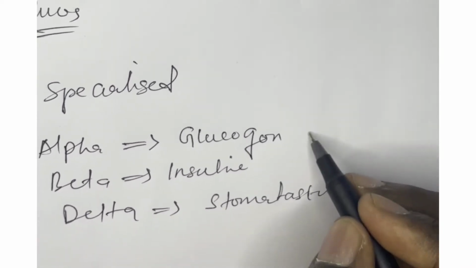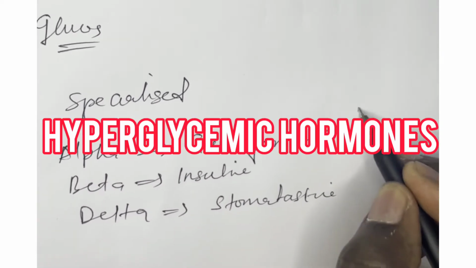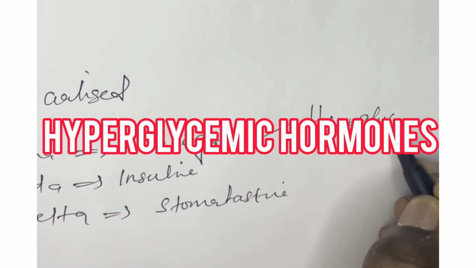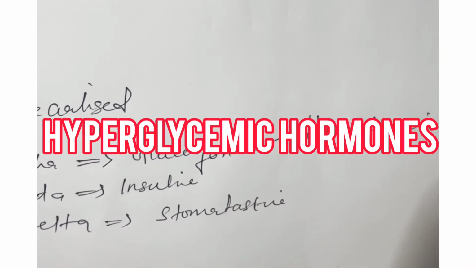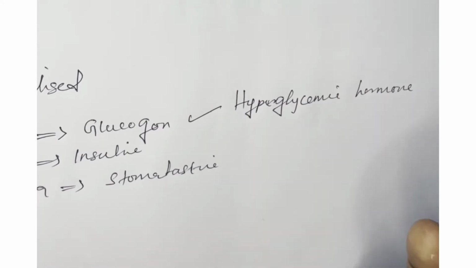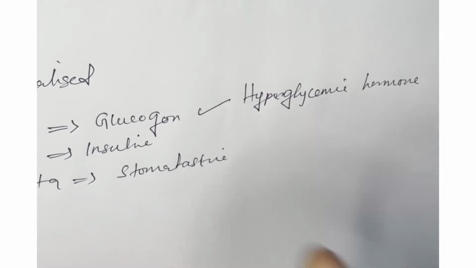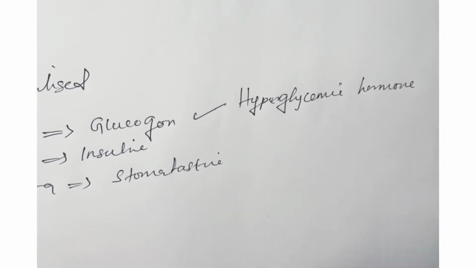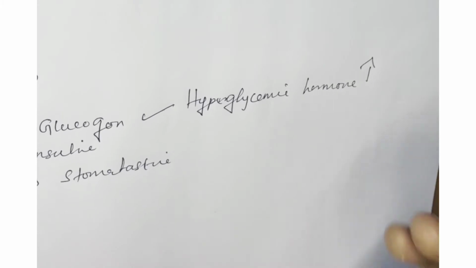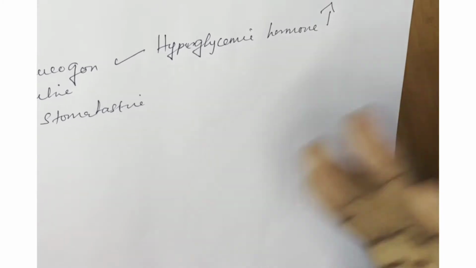Glucagon is among the hyperglycemic hormones. A hyperglycemic hormone is a hormone that is responsible for making more glucose in the blood. It always wants to see glucose in the bloodstream, so it increases the level of blood glucose.